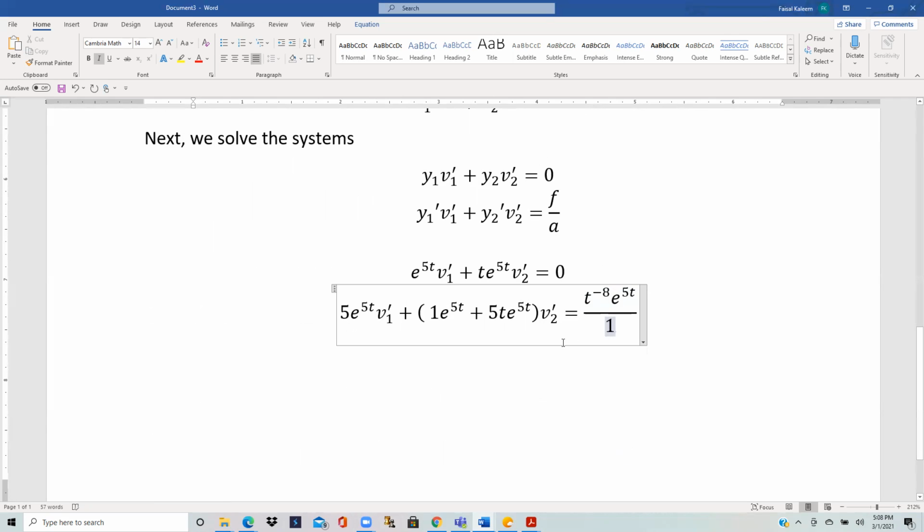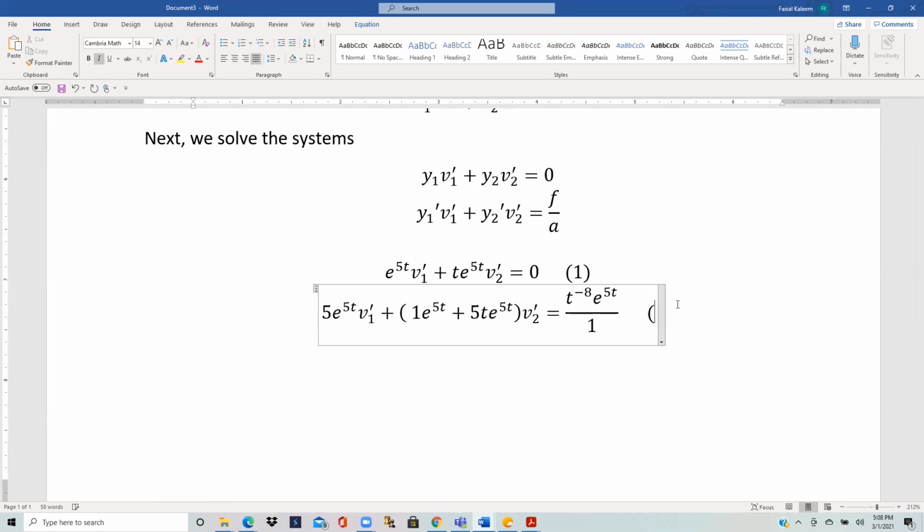Let's call them equations 1 and 2. If we subtract 2 from 1, we need to multiply 1 by 5 so that the v1 prime terms become the same, and then we subtract, the v1 prime will go away and only v2 prime will be left.